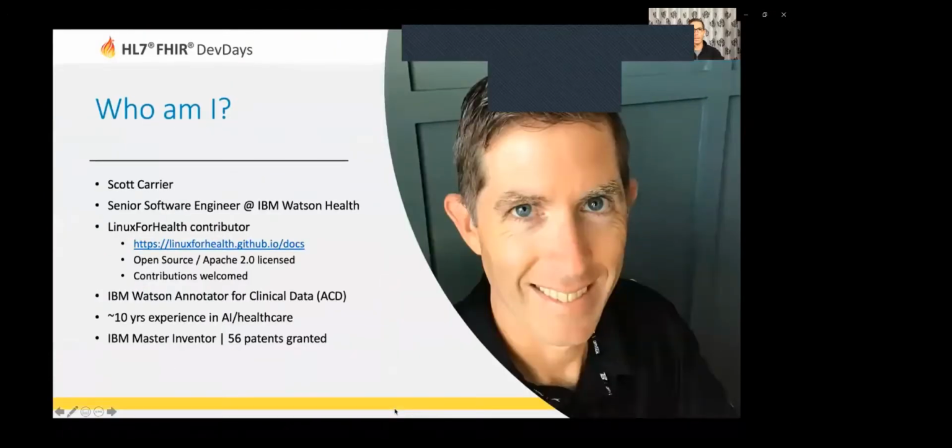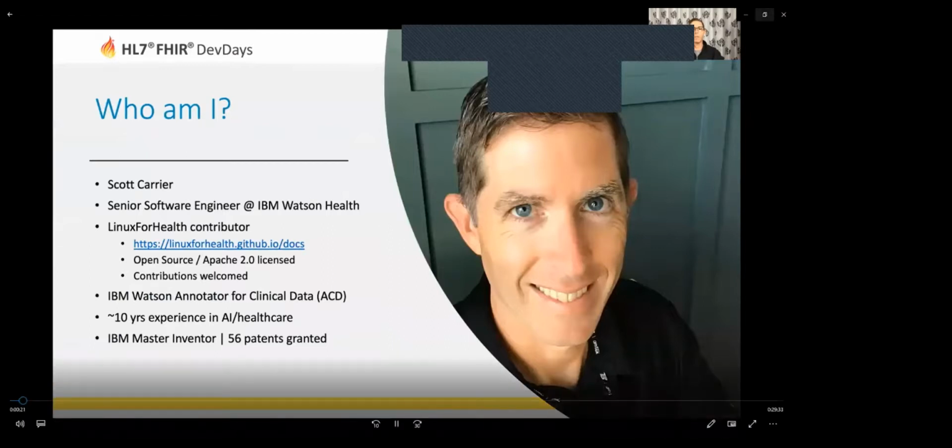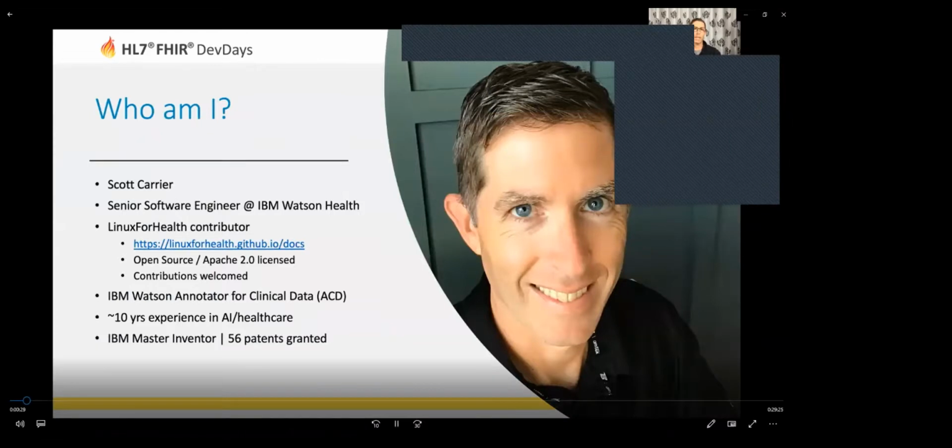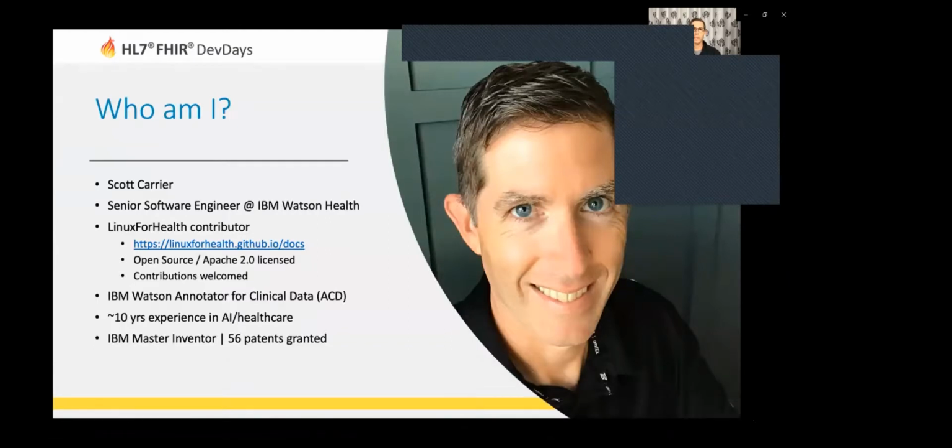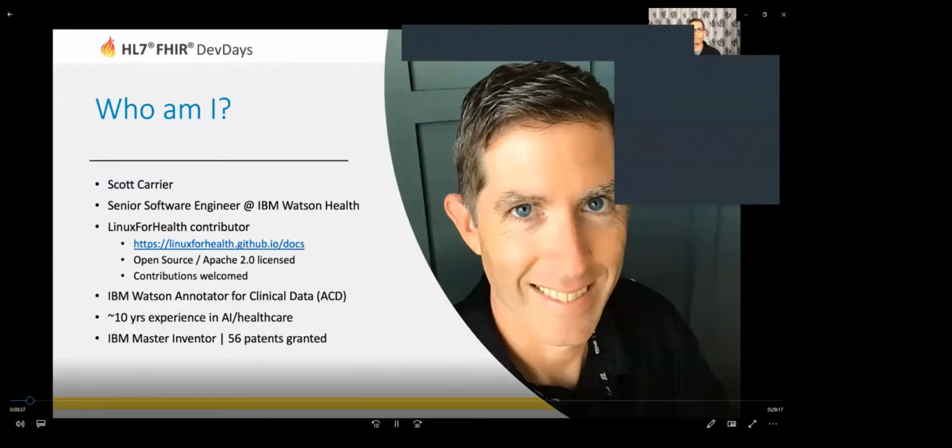My name is Scott Carrier, and I am a senior software engineer at IBM Watson Health. I work on an open source project called Linux for Health. Linux for Health is a project we're building out to facilitate healthcare data connectivity and edge of network processing. And that is an Apache 2.0 licensed open source project.